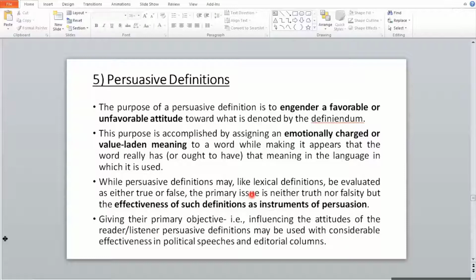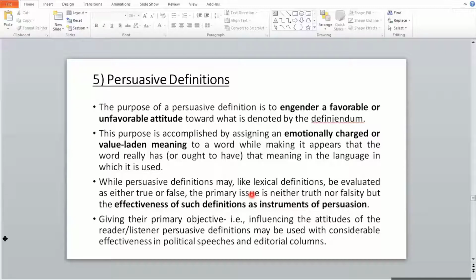even without providing sufficient and necessary claims. So it achieves its objective by using emotionally charged, value-laden meaning for the word, because the readers, the audience will accept that word in advance.